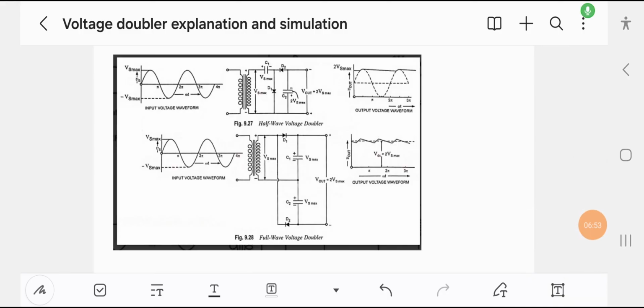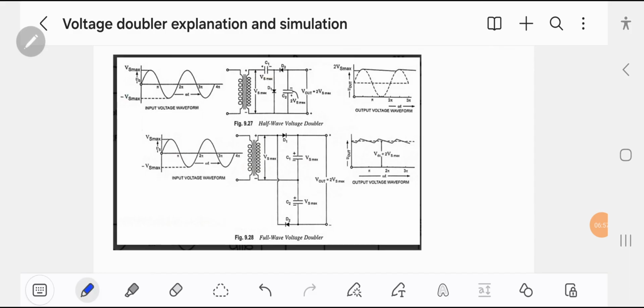Now this is the input waveform, and we are checking an output waveform of 2 times the input waveform.